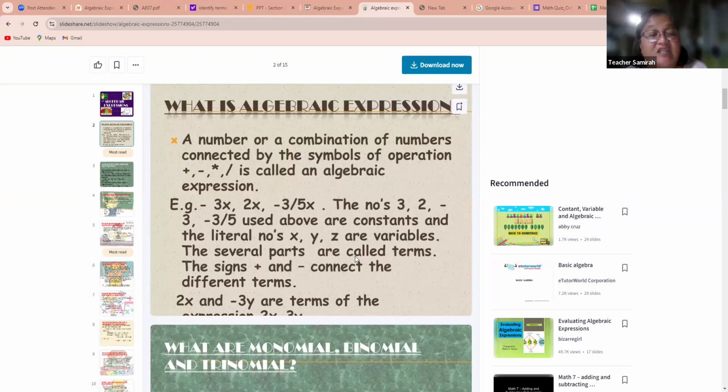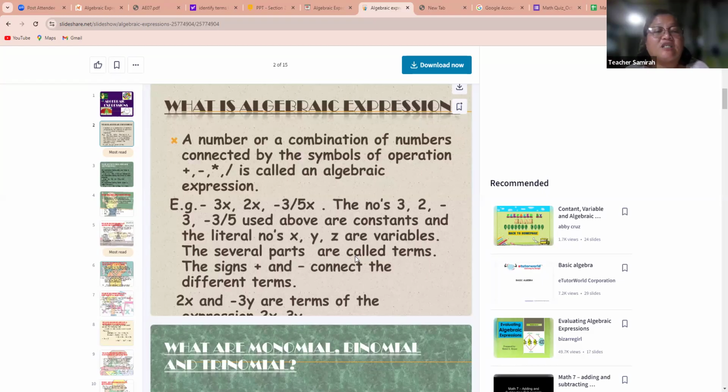Negative 3x, 2x, negative 3 over 5x. What are those 3, 2, and 3 over 5? These are all constants. Okay. And the letters such as x or y or z are called variables.